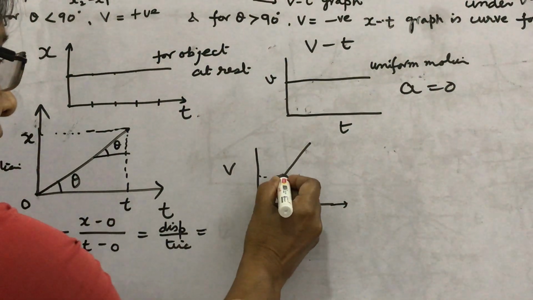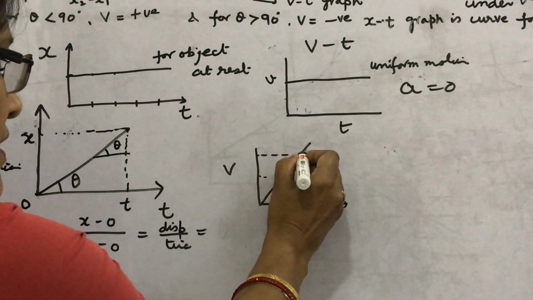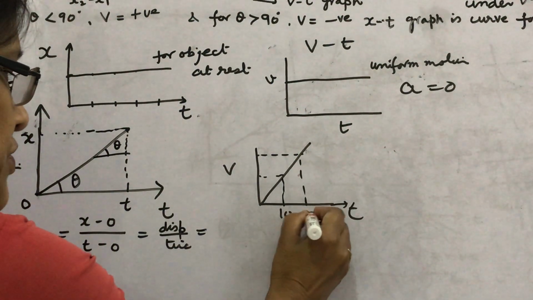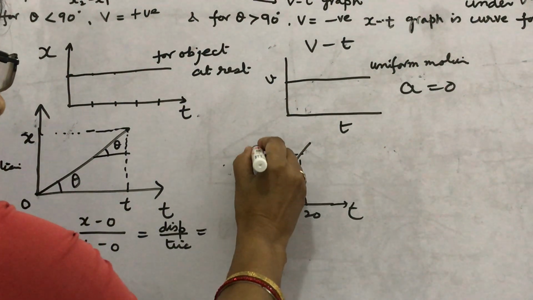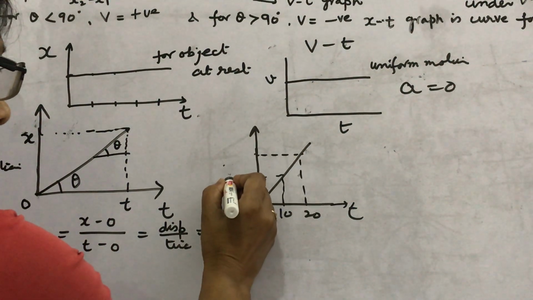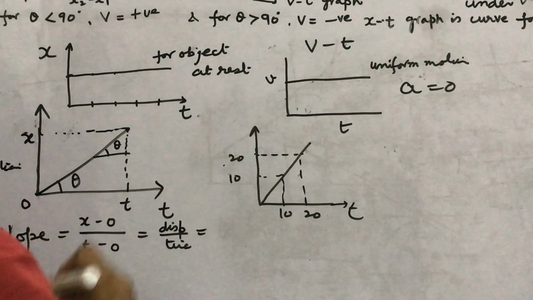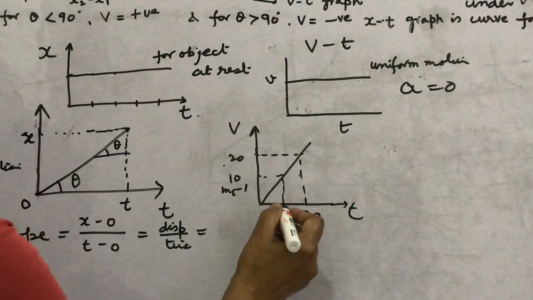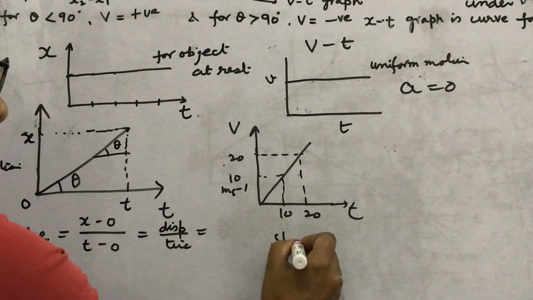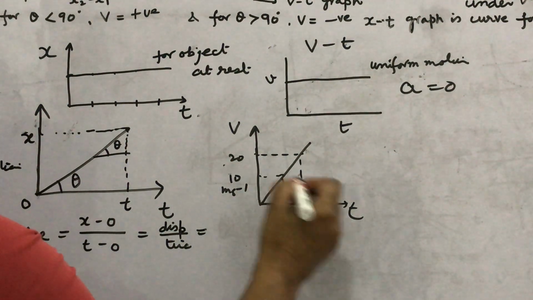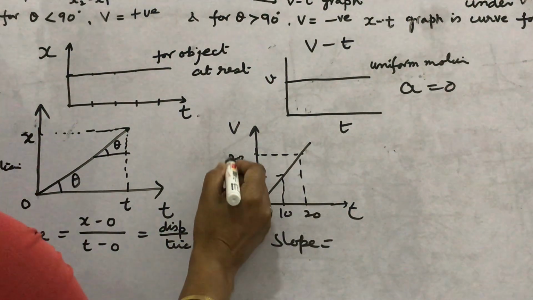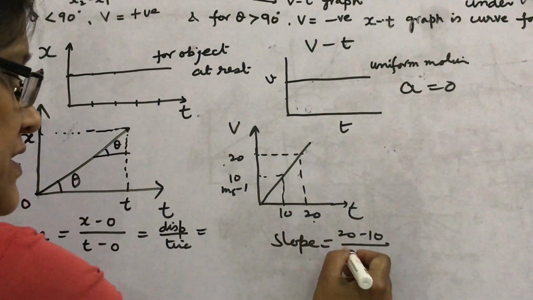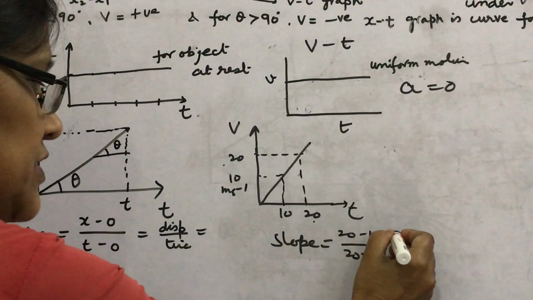Suppose you take here this one and here this one, then suppose this is 10 seconds, this is 20 seconds, and here the velocity values I can write as 10 and 20 meter per second. Then what is the slope? How will you find the slope? Slope equals change in y axis, that is 20 minus 10, upon change in x axis, that is 20 minus 10.